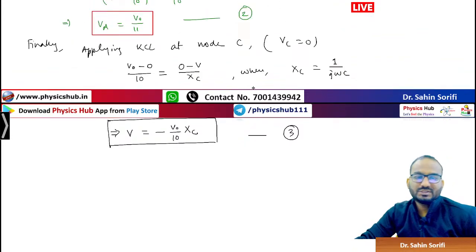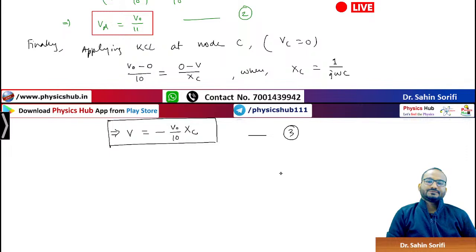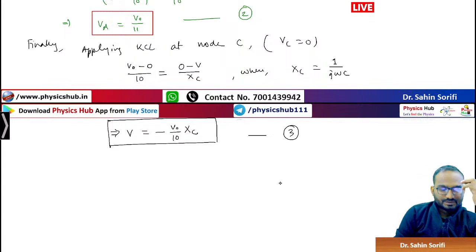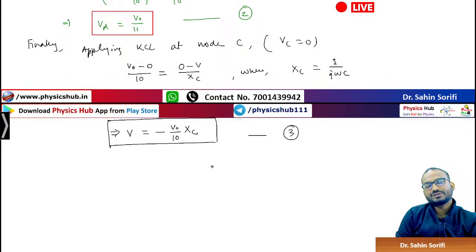Now let's put the value of V. We have got two equations, 2 and 3. Let's put these values into equation 1.